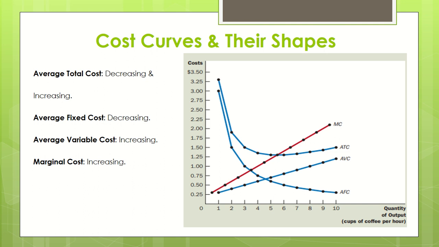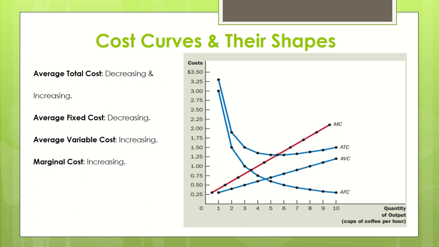So now you can say that on the right-hand side of the intersection point, the marginal cost curve is rising as compared to average total cost, and the marginal cost curve is above the average total cost. Hence, this point of intersection is the minimum of average total cost.